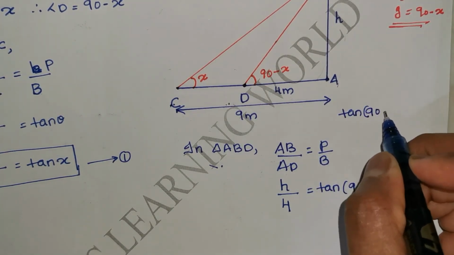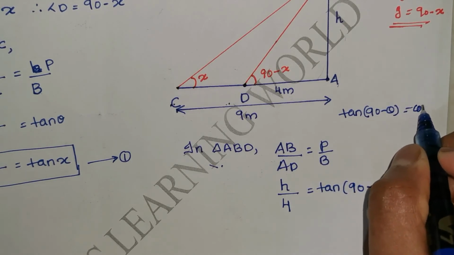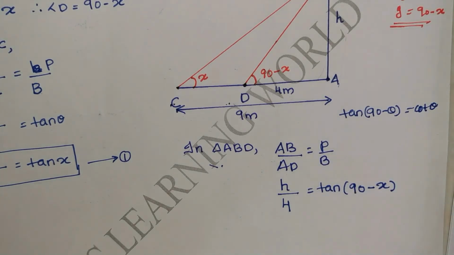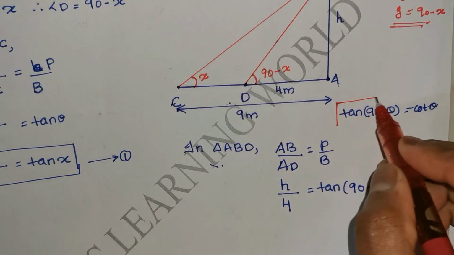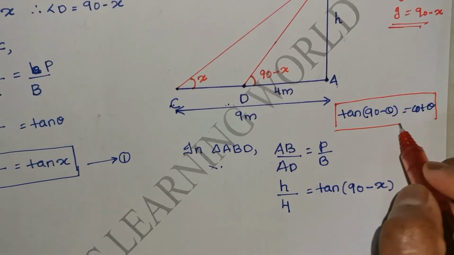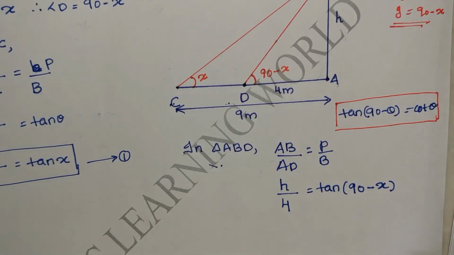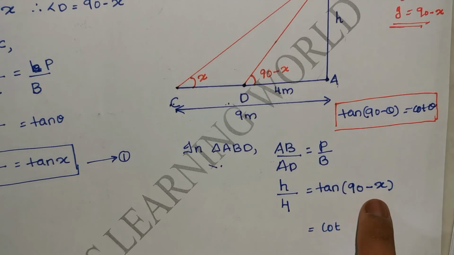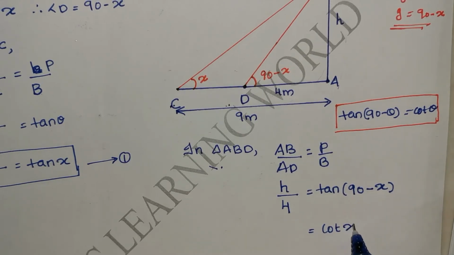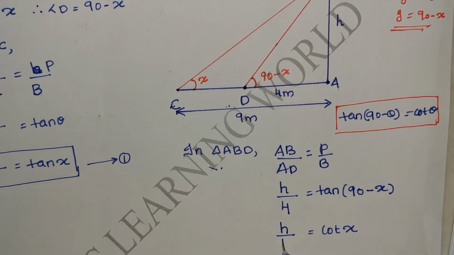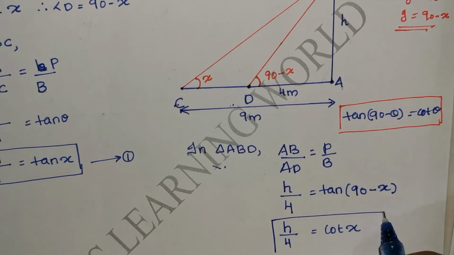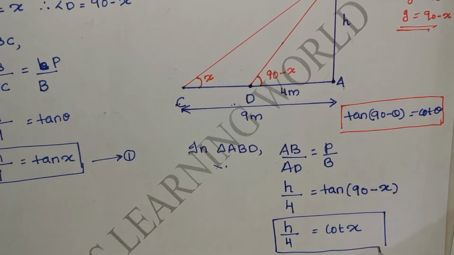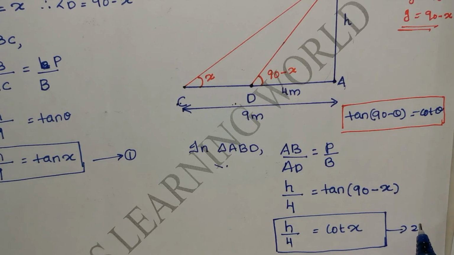We have studied this in the trigonometry chapter. So instead of theta, here it is x. So I am writing cot x equals H by 4. So I got the next equation, equation number 2.